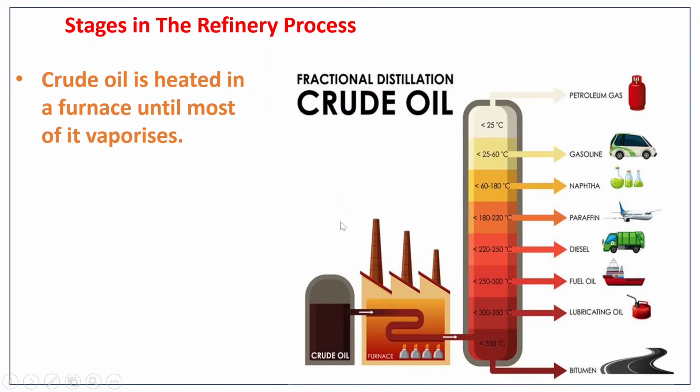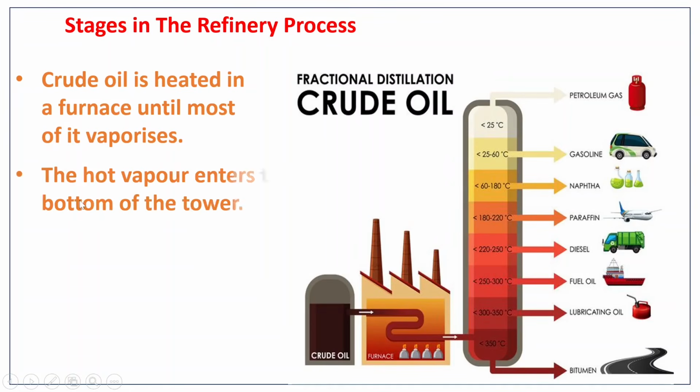So, crude oil is heated in a furnace like here. Crude oil is put in a furnace and heated until most of it evaporates or vaporizes. What happens next once it is vaporized? The hot vapor enters the bottom of the tower, and this is a fractionating column here where fractional distillation of crude oil occurs.